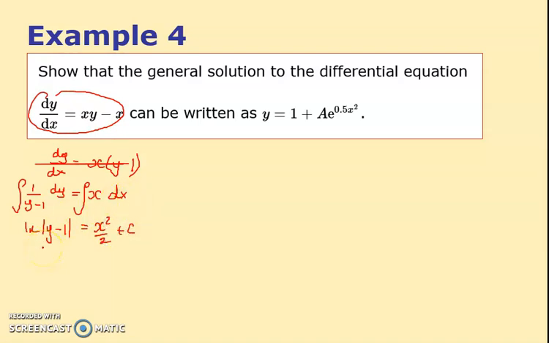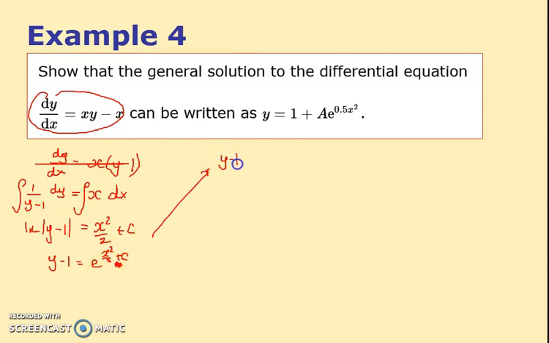Now you should be aware that I might not quite get this answer. Well, I might do it. Let's see. I think I might actually have enough. I've got to move the log over. It becomes an e. So I get y minus 1 equals e to the x squared over 2 times by a plus c, sorry. And that plus c can be split. That's what I was thinking of doing straight away.